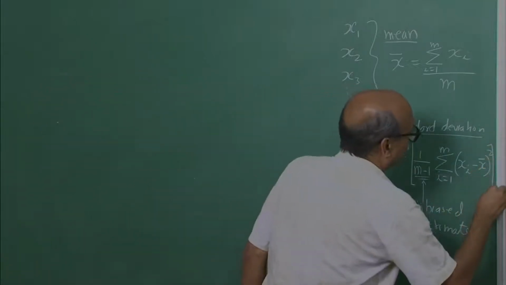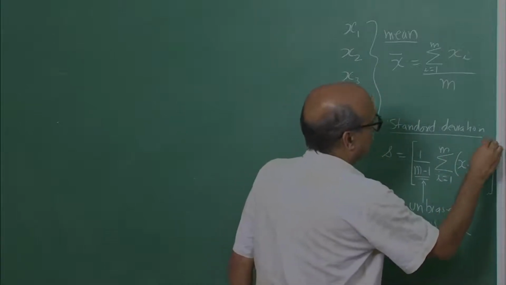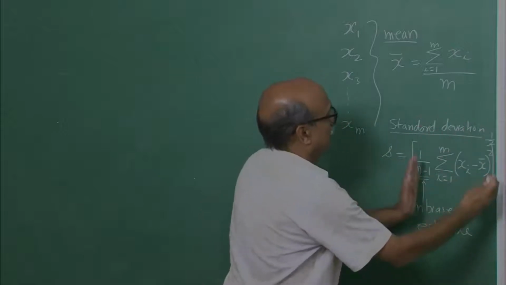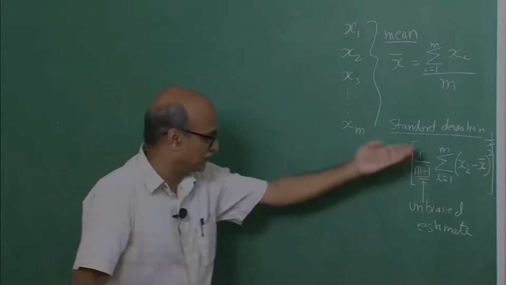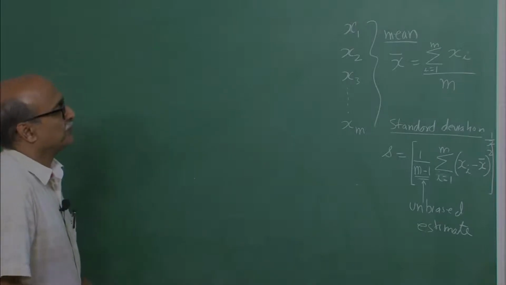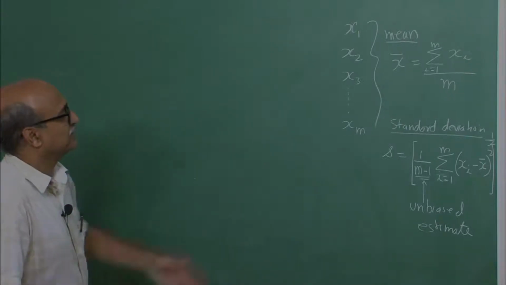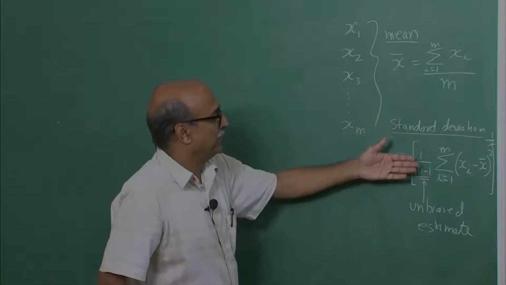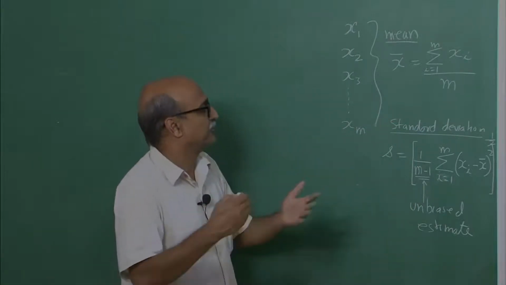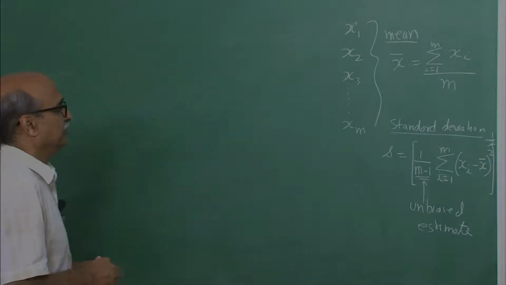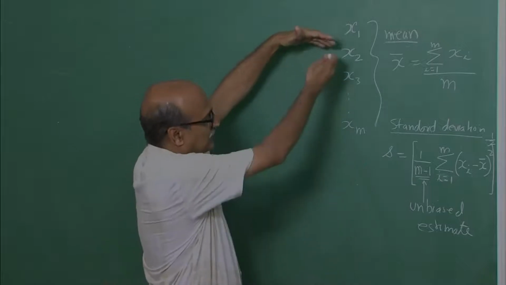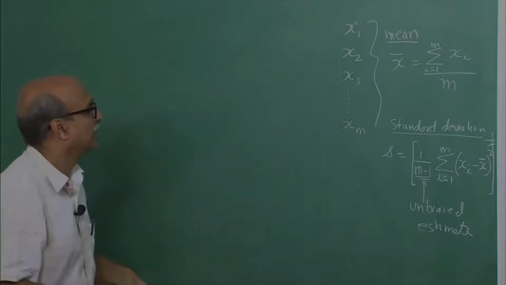And of course, this whole thing has to be taken to the power of half, or taking the square root of the entire summation after dividing by m minus 1. So, this actually gives me an unbiased estimate of the population standard deviation. The larger this value, the larger the scatter in my measurement.